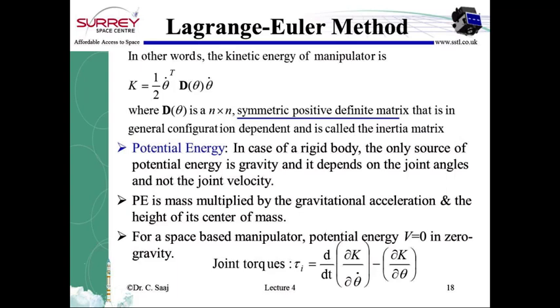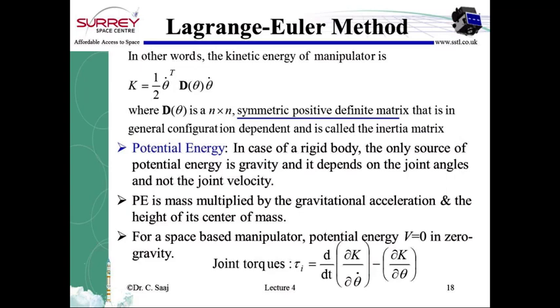So if you look at various textbooks on robotic manipulators, the kinematical and the dynamical modeling, you will see that authors tend to quote that the computational complexity for the Lagrange-Euler method is significantly higher, and that is because it depends on the fourth power of the total degrees of freedom.